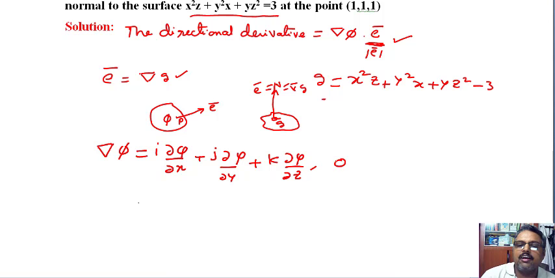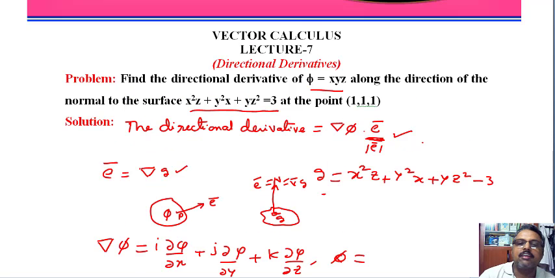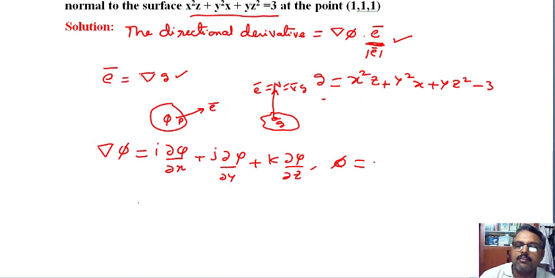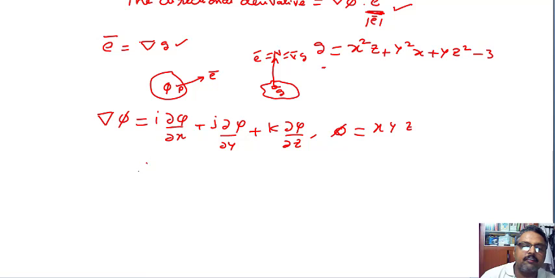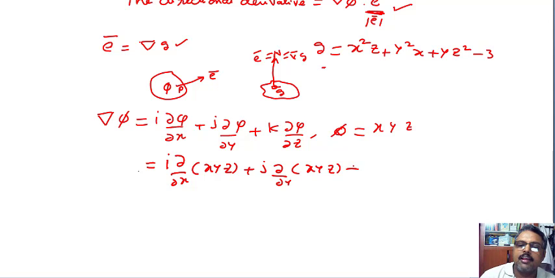Phi is given as xyz, a very simple function. So the gradient is i into dou by dou x of xyz plus j into dou by dou y of xyz plus k into dou by dou z of xyz.